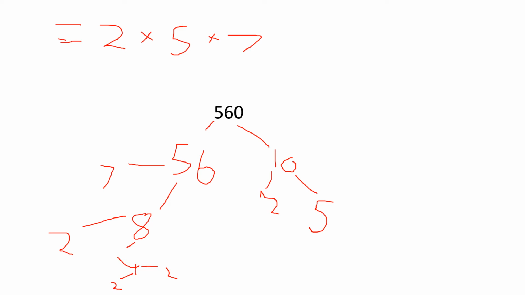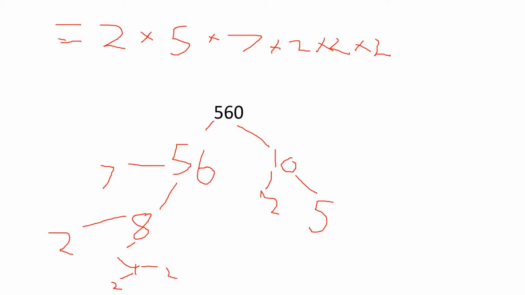Now the previous 2 is also a prime number, so if we were to add on all those 2's, this would mean 560, if it was written in its prime factors, would be 2 times 5 times 7 times 2 times 2 times 2.